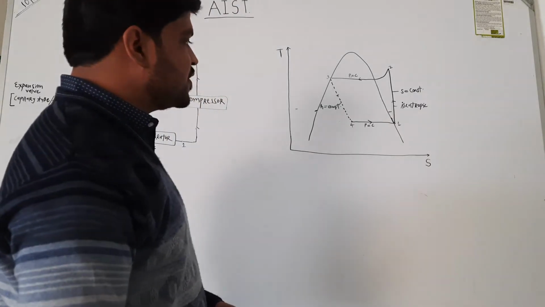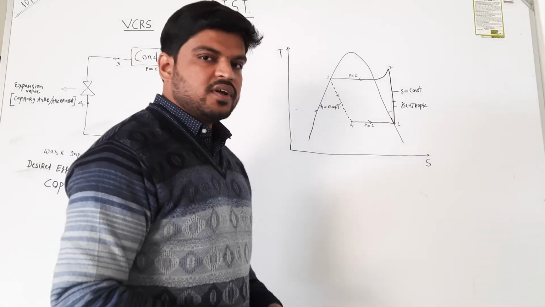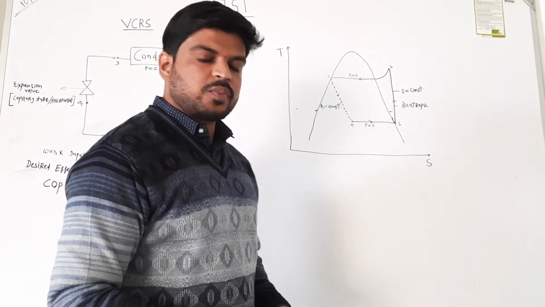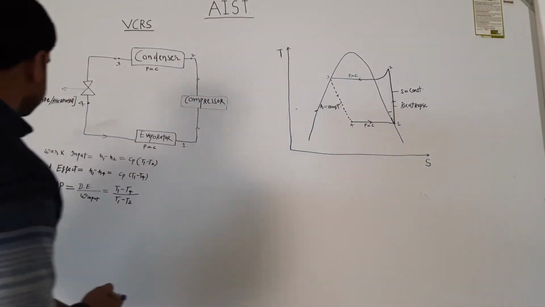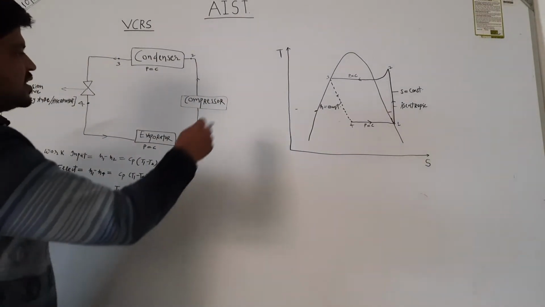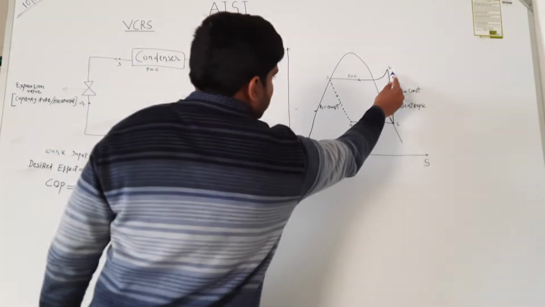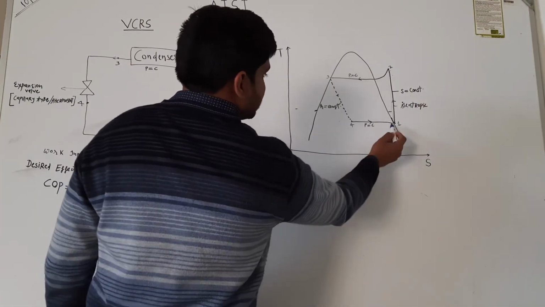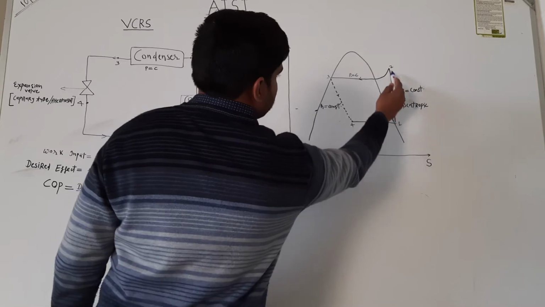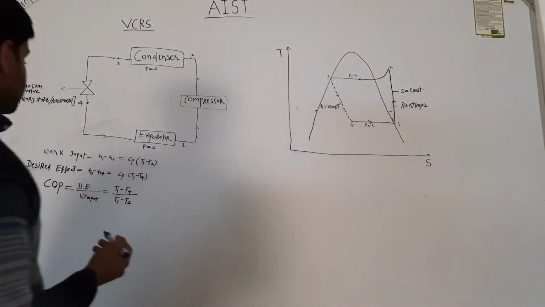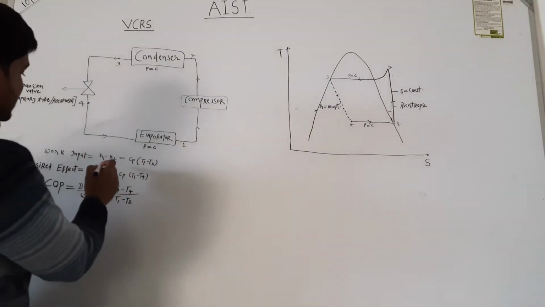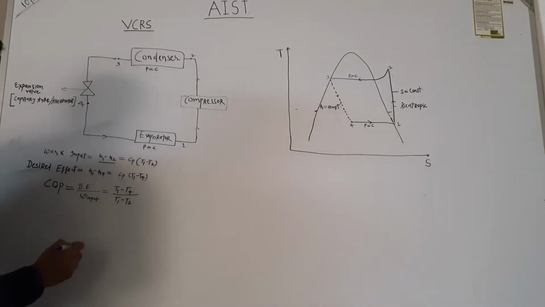To find out the coefficient of performance, we have to find all the four temperatures involved in the process. The input in this cycle is the enthalpy change in the compressor, between point 1 and point 2. So we can say the work input is H1 minus H2, and we can represent it in the form of Cp (T1 minus T2). In the same way, the desired effect is to extract heat in the evaporator.